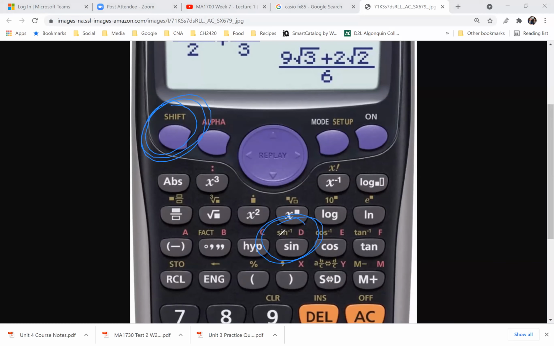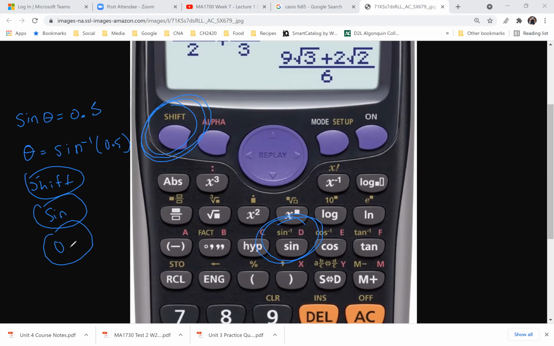So if I wanted to solve, let's just say, sine theta equals 0.5, what I would do on my calculator is press Shift, then sine, then put in 0.5, and then press equals, and that's it.